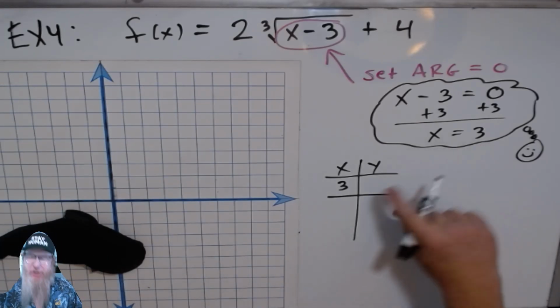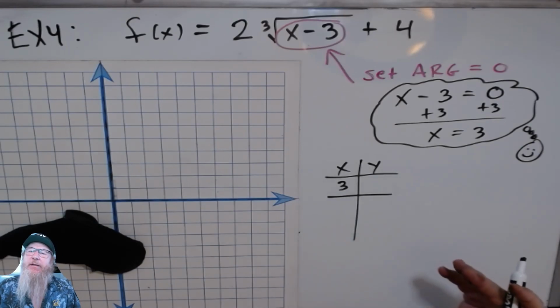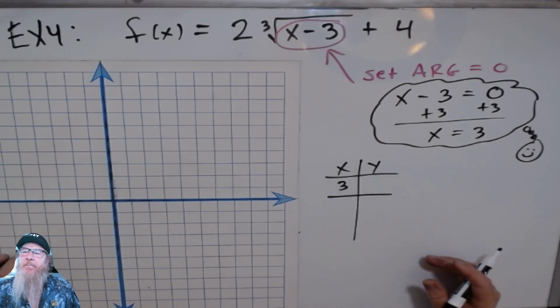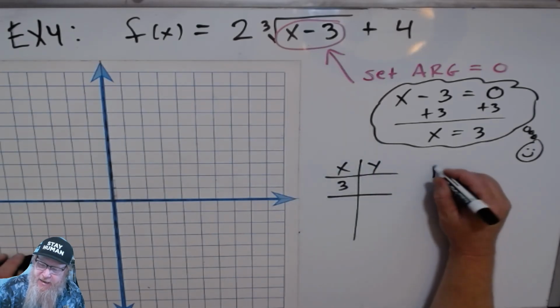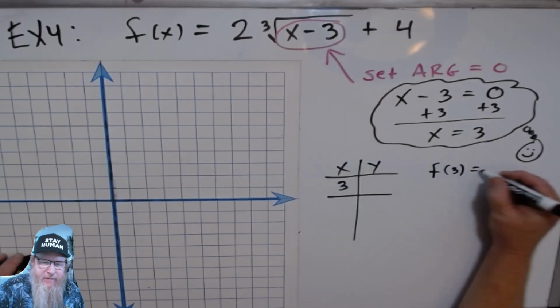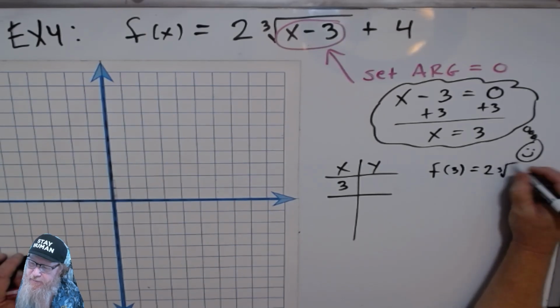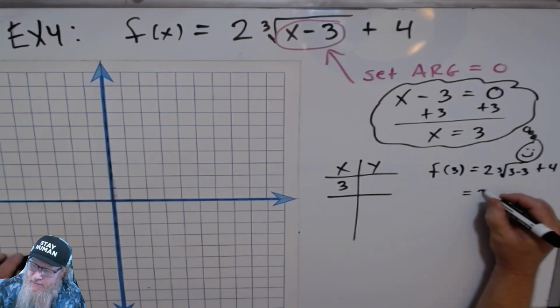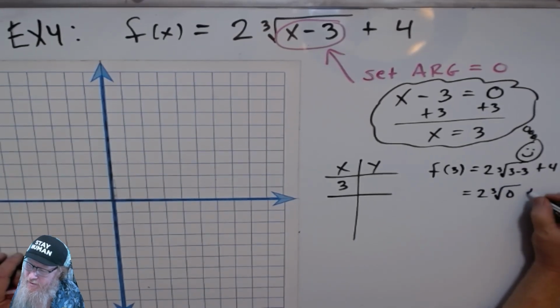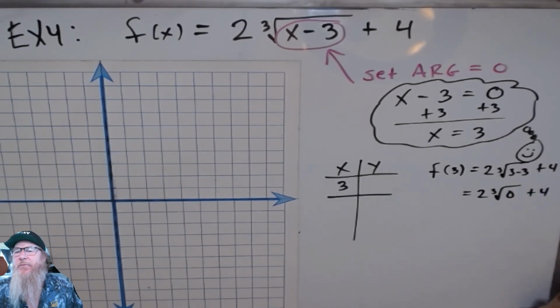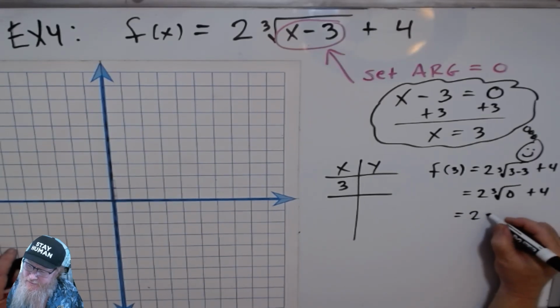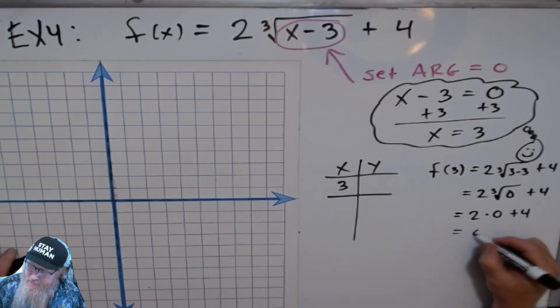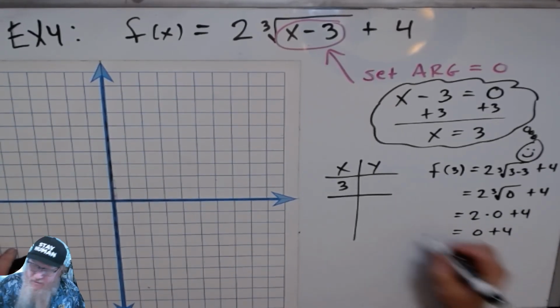So the graph has been shifted to the right 3 units. Right. Now you can plug in 3. And you probably won't be surprised that you get 0 on the inside of the cube root. And so you get 4.